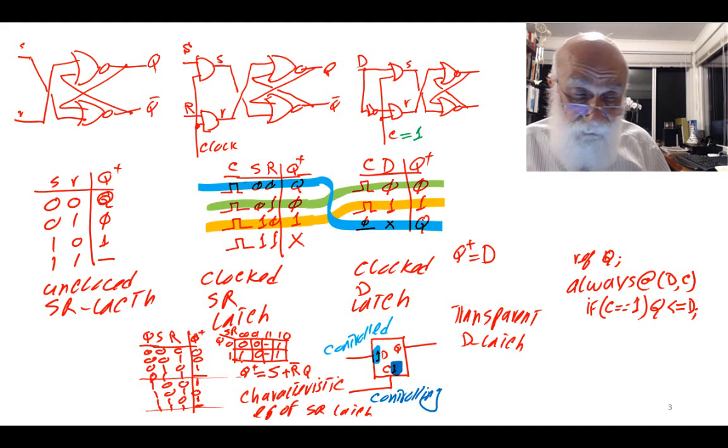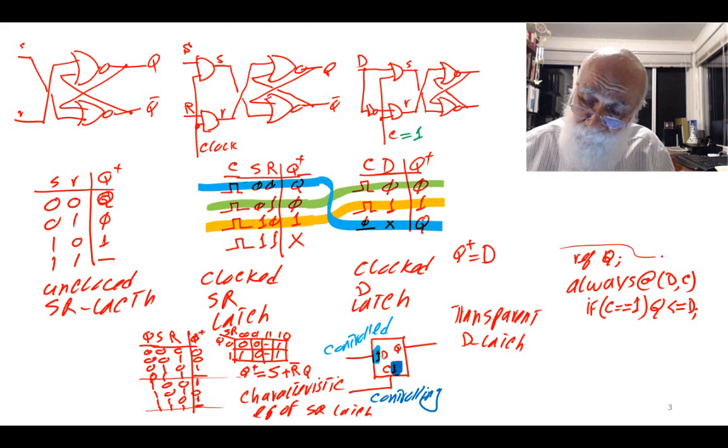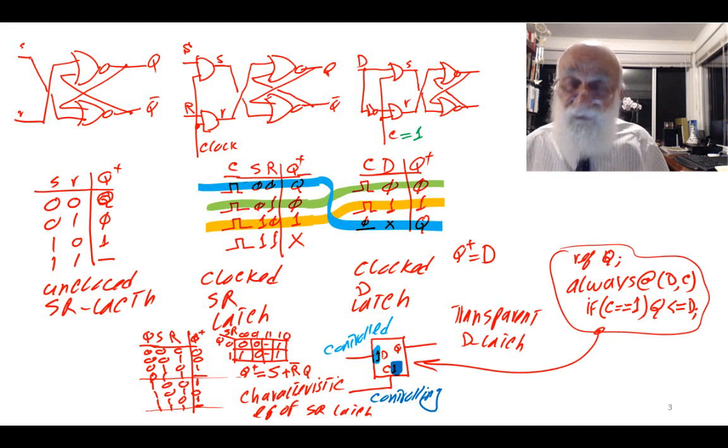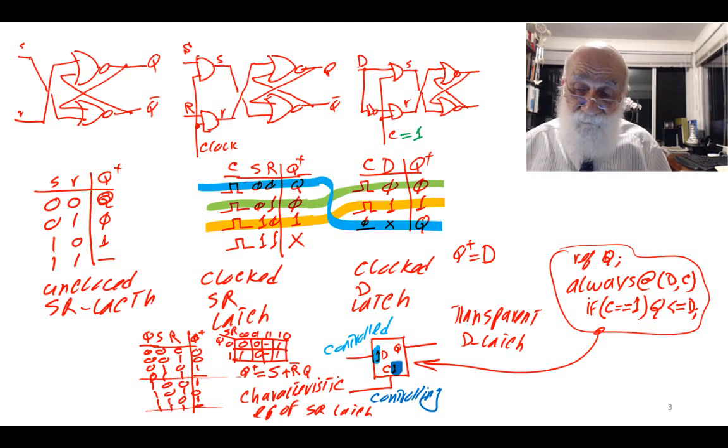And for the clocked SR latch, the same thing. We'll be doing more Verilog, but now that I showed you the symbol and everything, this is the Verilog for this design, or this block diagram.